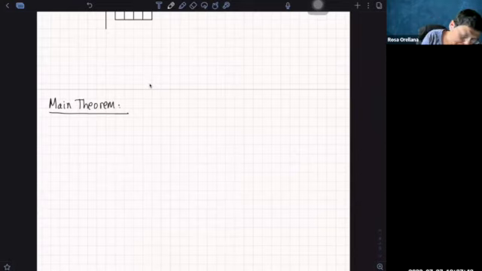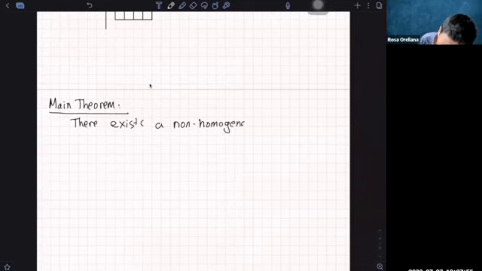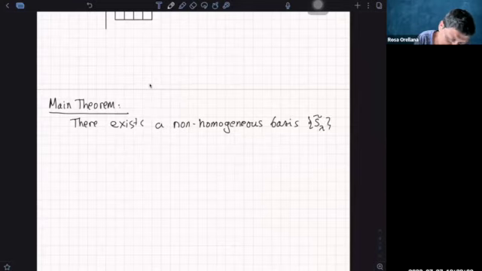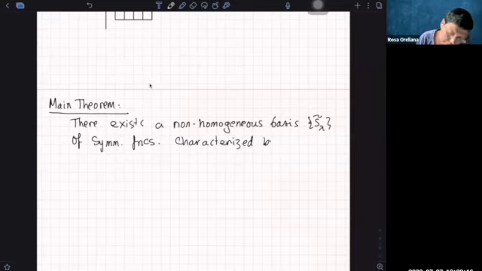Our main theorem basically said that there exists a non-homogeneous, or inhomogeneous, basis, still indexed by lambda, of symmetric functions characterized by any of the following.